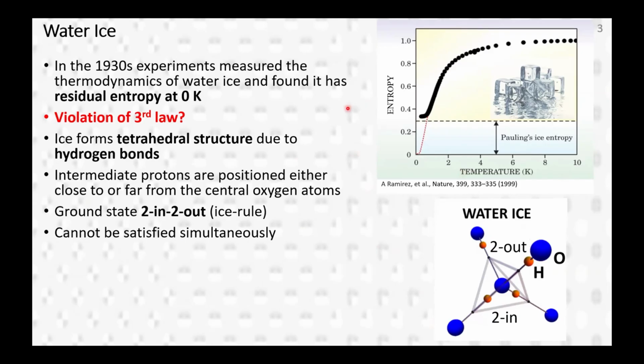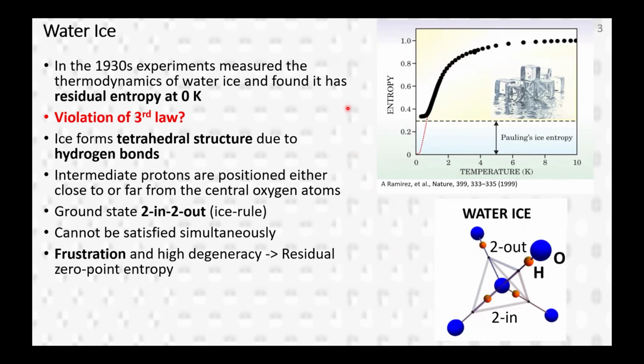However, when you consider a large ensemble of these unit cells, this cannot be satisfied simultaneously, and this leads to a frustration. Because of the high degeneracy of these states, it leads to this residual zero-point entropy. But if you want to investigate the thermodynamics or the excitations in water ice, it's very difficult, because as soon as you try and probe water ice, it starts to melt.